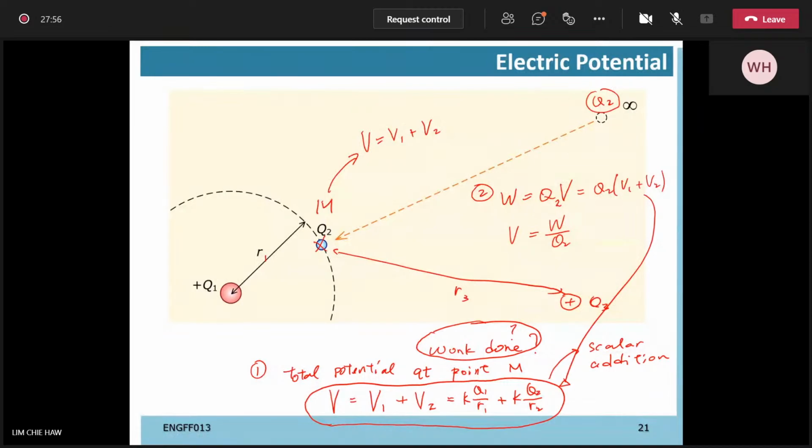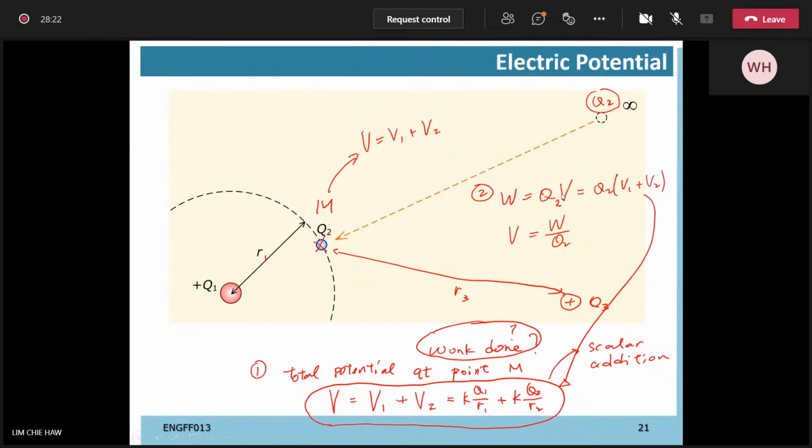Why are we only considering the charge of Q2 and not also Q3? No, Q3 and Q1 both contribute to the field. That's why I mentioned just now, Q1 and Q3 set up the whole field, and we want to bring Q2 into this region. So how much energy do we need to supply to Q2? Got it?